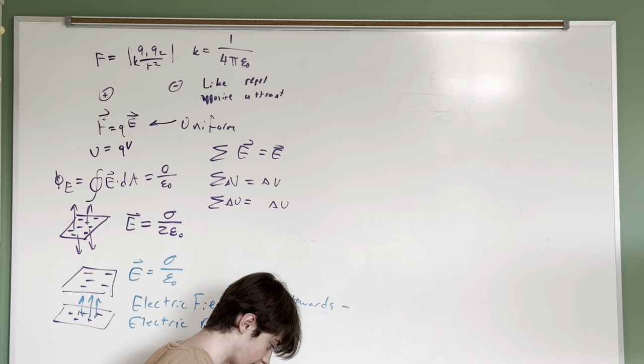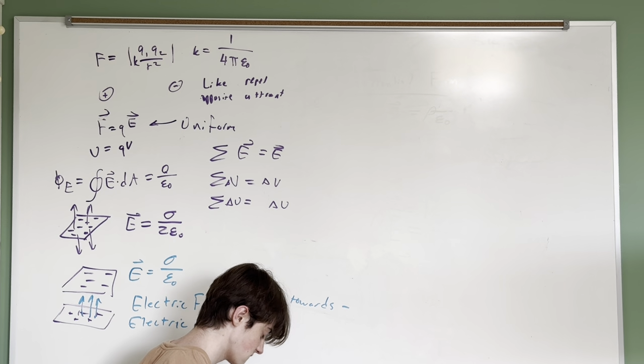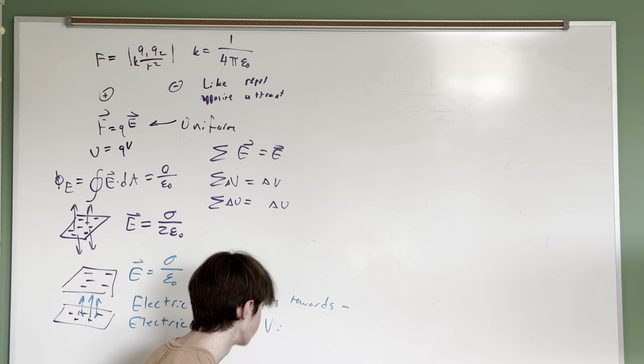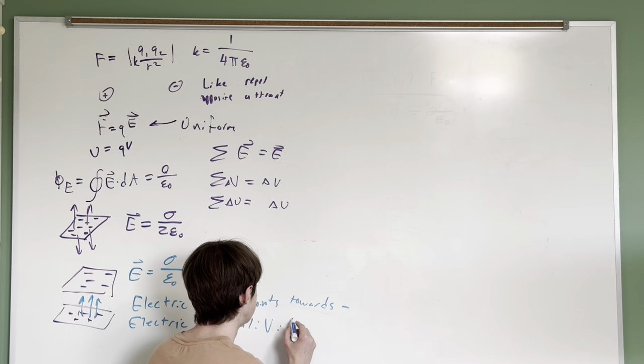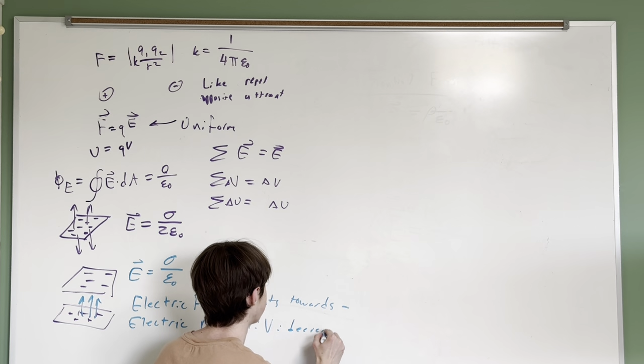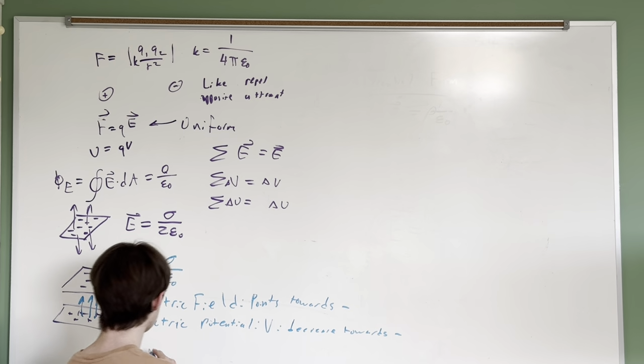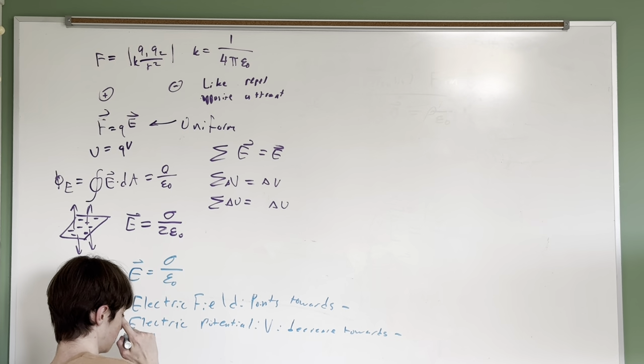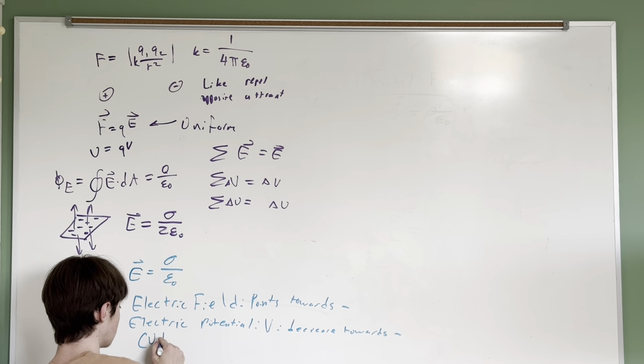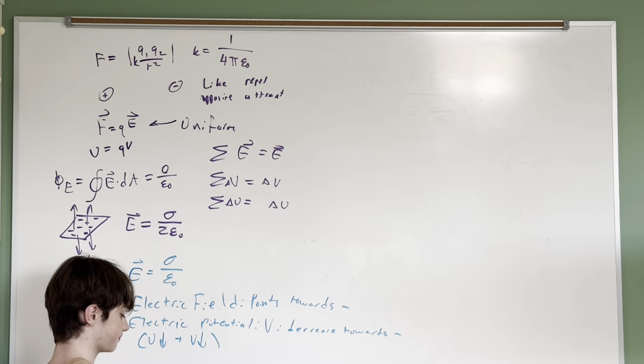I think it will decrease. Yeah, it'll decrease. The potential wants to decrease closer to negative. Because remember, the potential energy wants to decrease, and if you have a positive test charge, then V also wants to decrease.